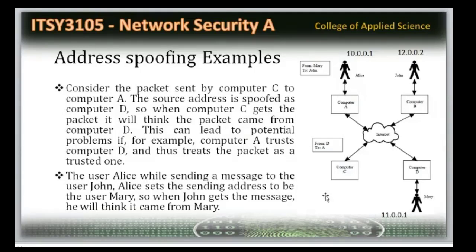Now take Alice, that means 10.0.0.1. He is an attacker. This person is going to give a ping command. You know the ping command; if I give the ping command, I will get a reply.